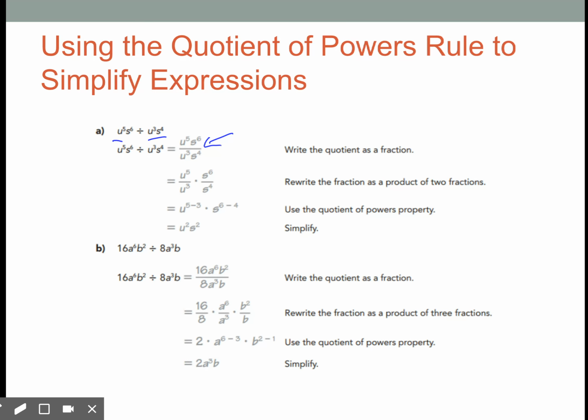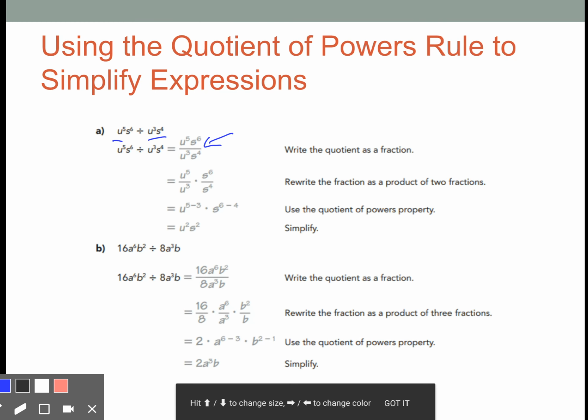So after you rewrite it as a fraction, you see they have you break it down into two separate fractions, where your like terms are separated. So we have u to the 5th power divided by u to the 3rd power times s to the 6th power divided by s to the 4th.